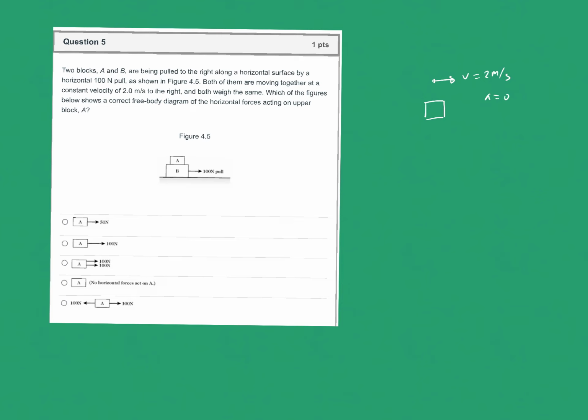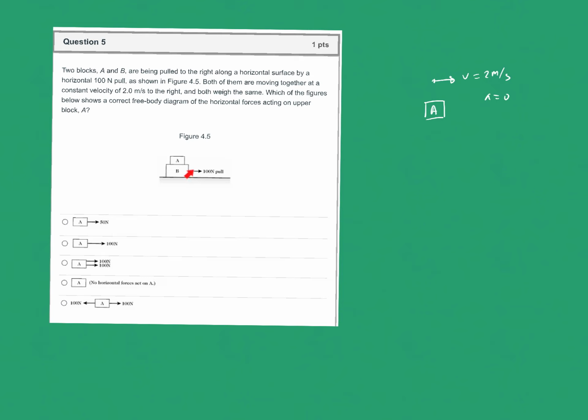The next problem, you know, I made a mistake in one video about this problem because I thought about the body B always and not the body A. So it says two blocks A and B are being pulled around by 100 newtons.